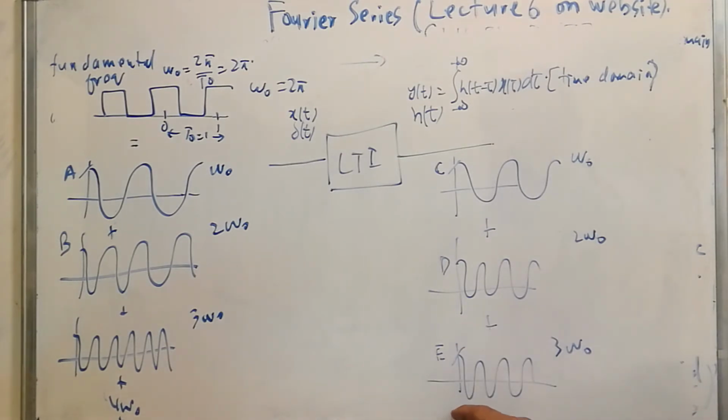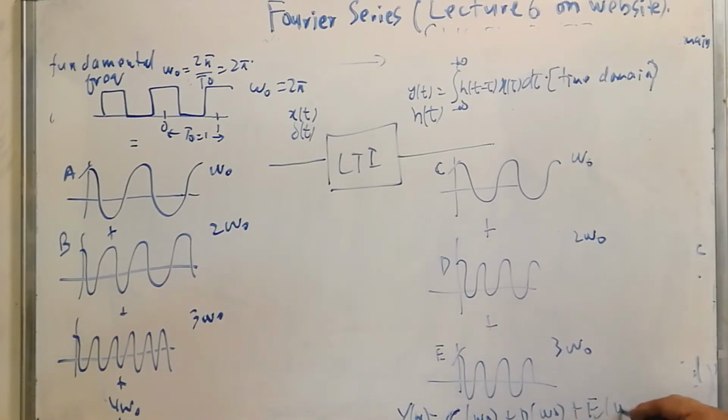So now the output, y of omega in this case, will be just a summation of all these functions: c of omega naught plus d of omega naught plus e of omega naught, all these functions.